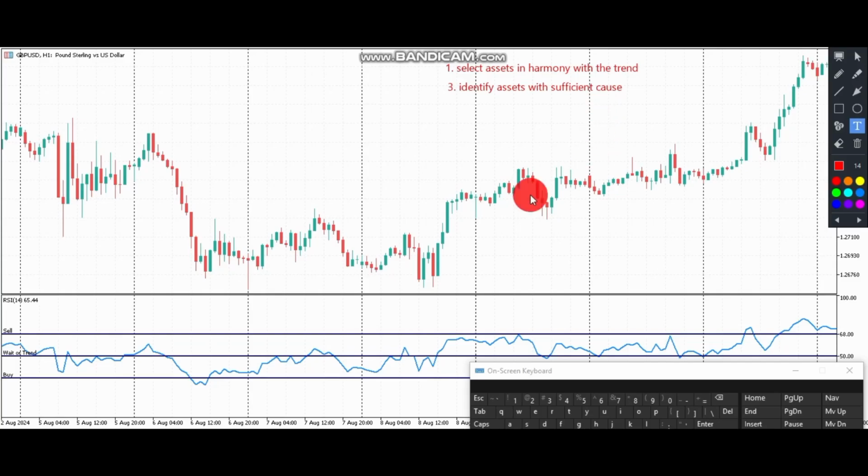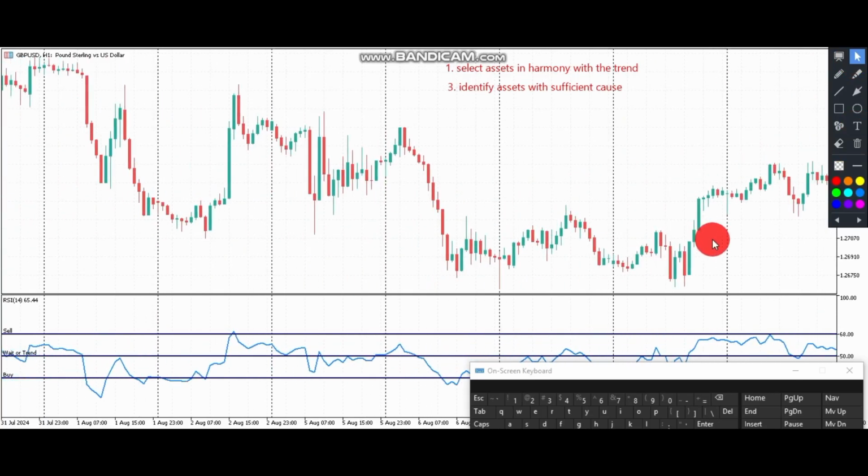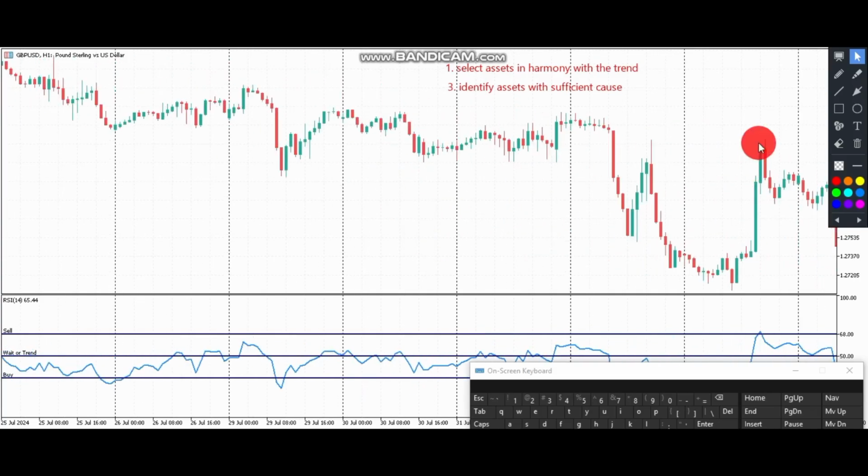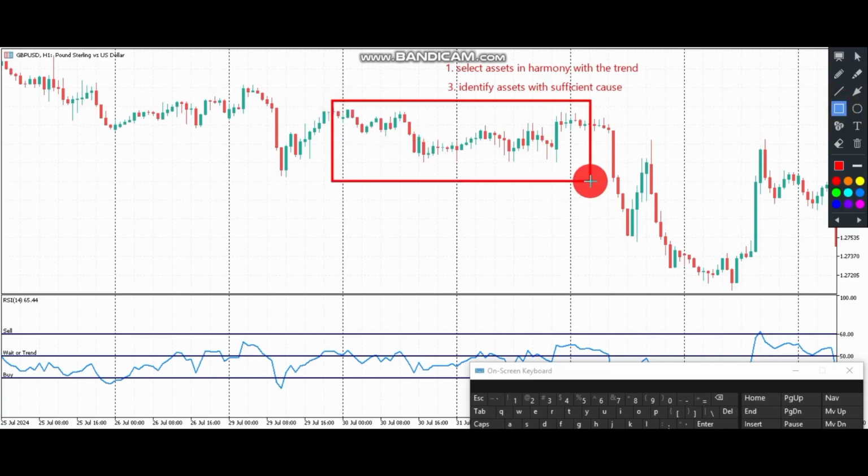Which means that after every consolidation of this nature, there must be cost for price to move. You get it? After this particular consolidation, look here. After this consolidation, expect price to do what?